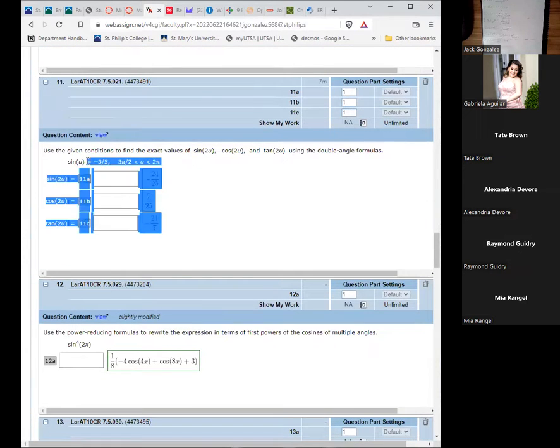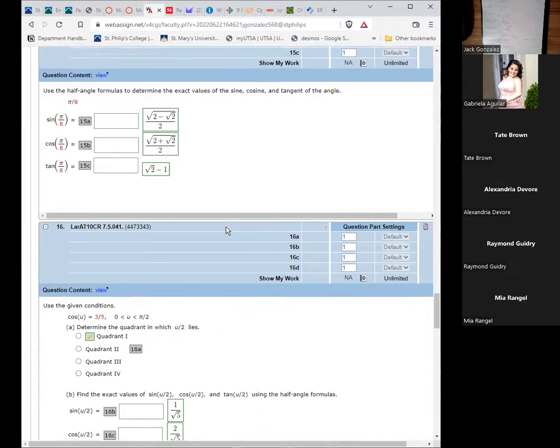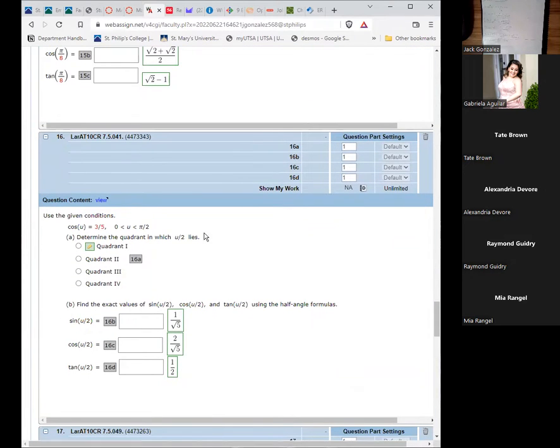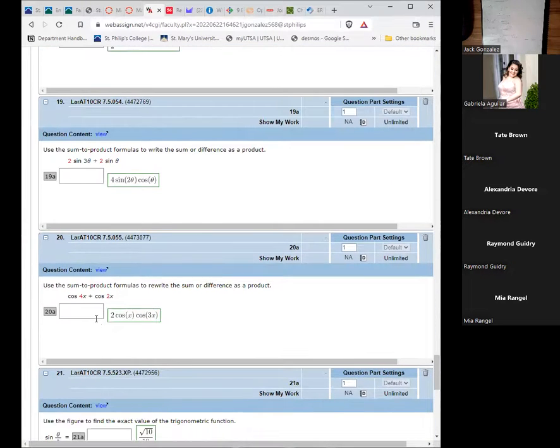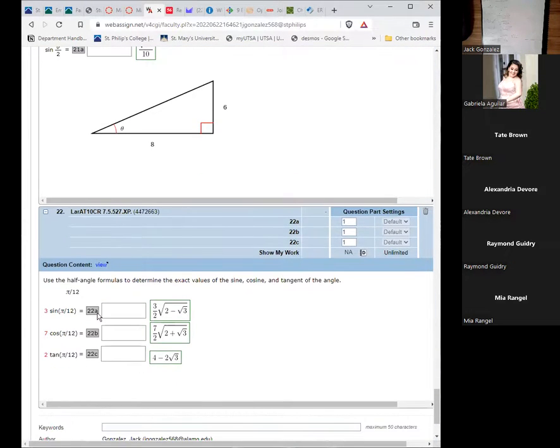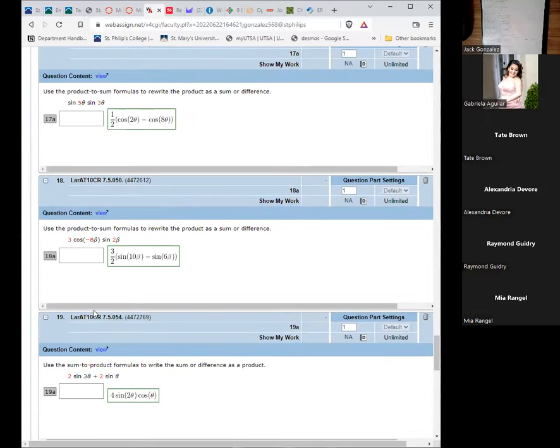This is what I was talking about earlier. You have to know what double angle is. The half angle here: see how U is in quadrant 1, right? But U over 2 might be in a different quadrant.